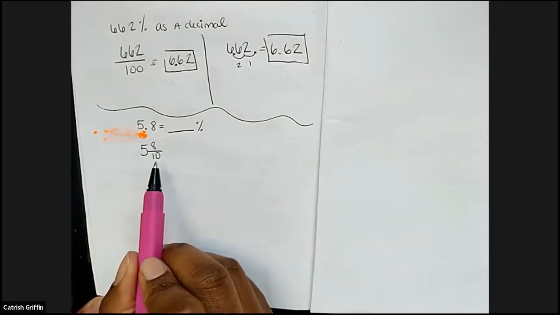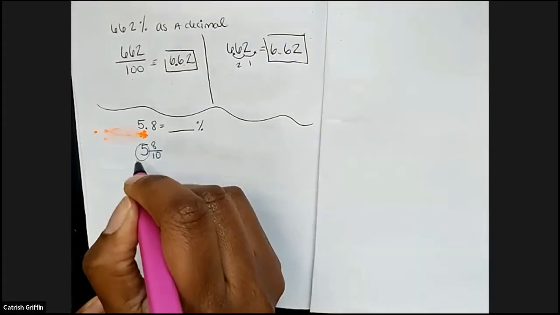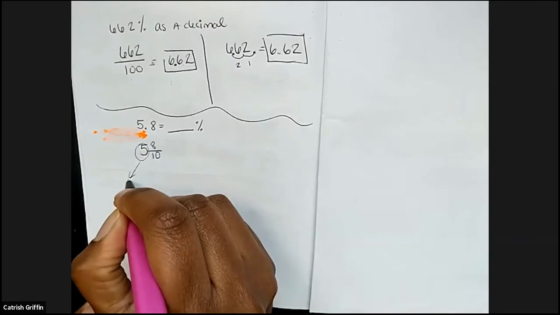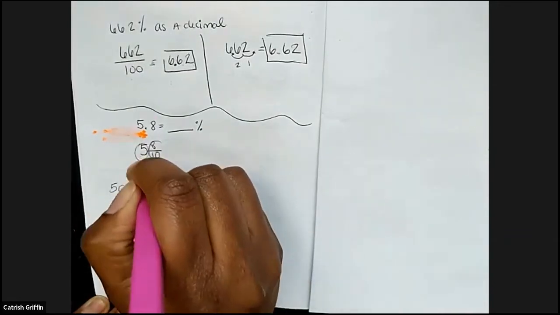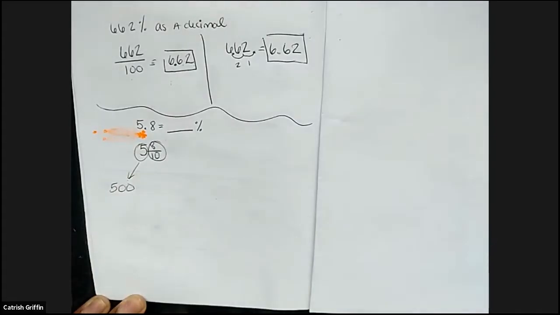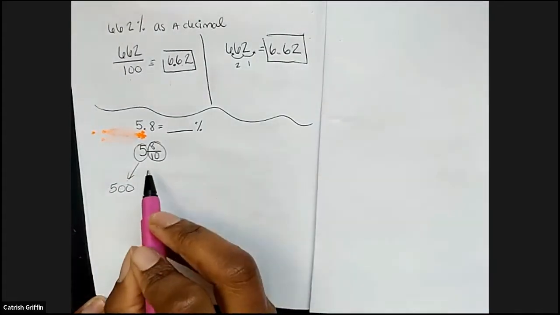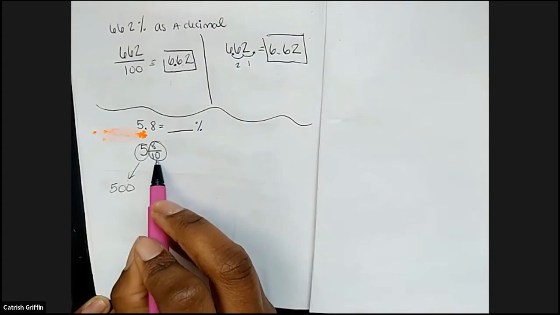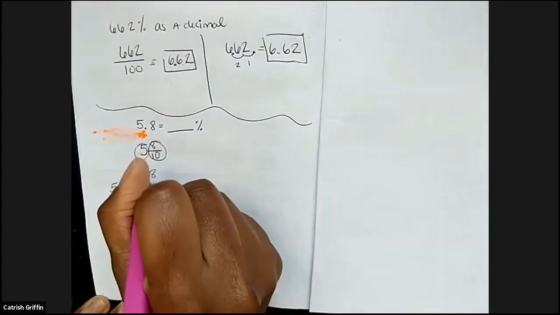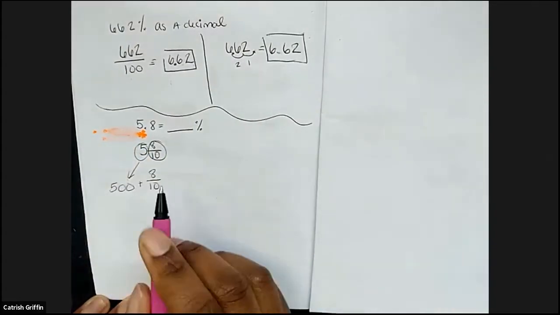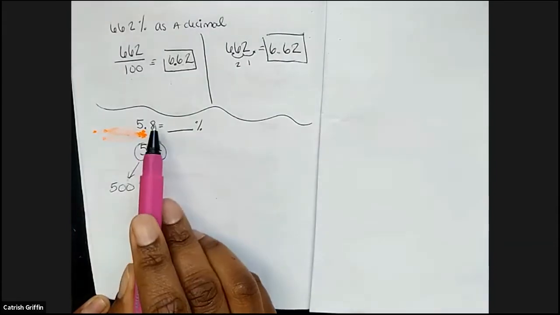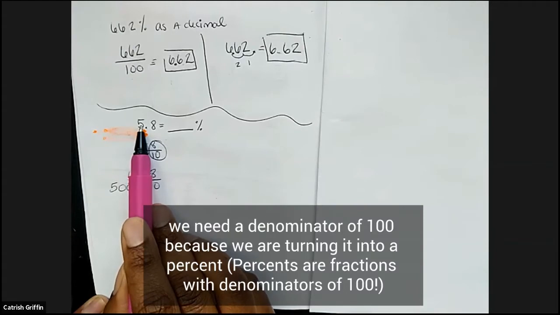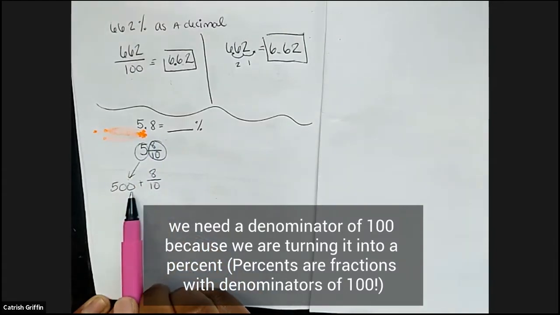There's two different ways that I can do this. I can do this one by separating this out, right? And to say that 5 wholes is really 500 hundredths. And then to think about this 8/10 in terms of how to write it with a denominator of 100. So if it's out of 100 and I have 5 whole hundredths, then that's how I got my 500.